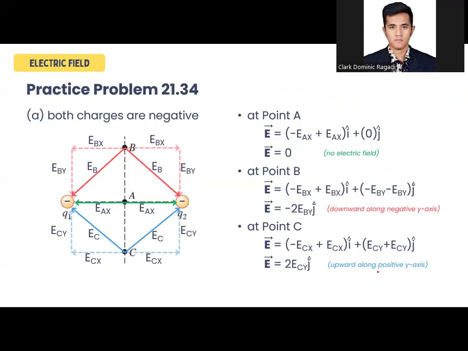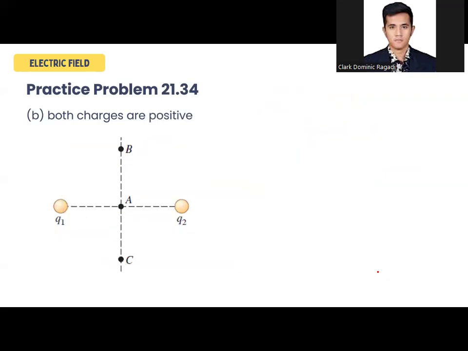Okay, next, let's try when both charges are positive. Contrary to letter A, here we have positive charges. What we know is that if the charge is positive, the electric field lines are directed away from the charge.